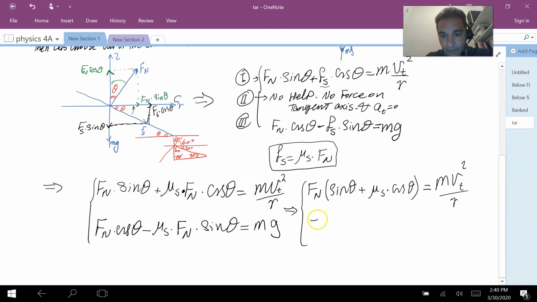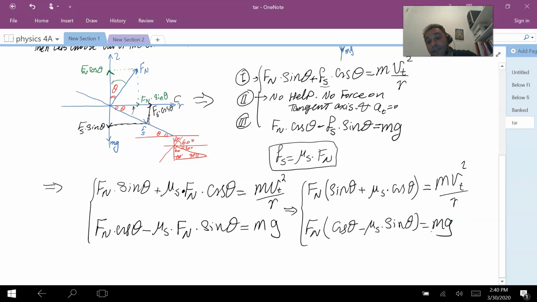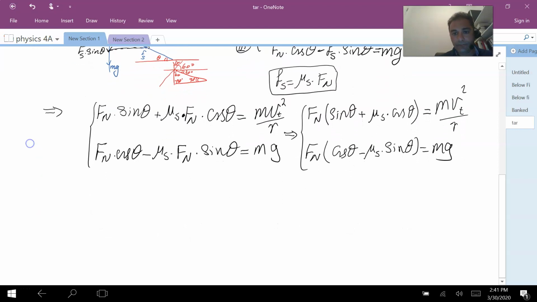And from this one, I'm going to factor with Fn: cosine theta minus mu s sine theta equal mg. Do you see this? So I got two equations. Now what do you think? What can I do? Can I cancel Fn? Yes.